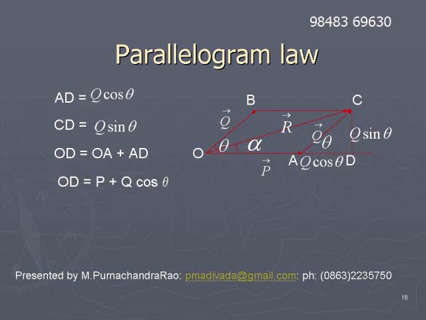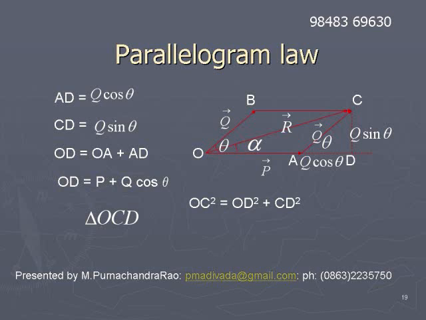Now, OD is equal to OA plus AD. So, OA is P, the magnitude of P bar, and AD is Q cos theta. So, OD becomes equal to P plus Q cos theta, and CD is Q sin theta.